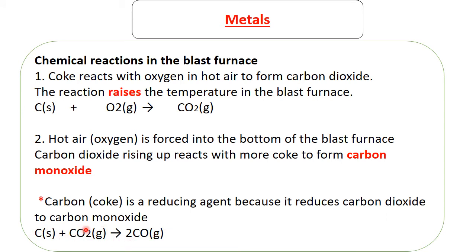Carbon reacts with carbon dioxide, the carbon dioxide that has been pushed up by the air that has been blown on the bottom, to form carbon monoxide. The fact that one oxygen atom is removed to combine with carbon means carbon is a reducing agent. A reducing agent is that which removes oxygen from something else.